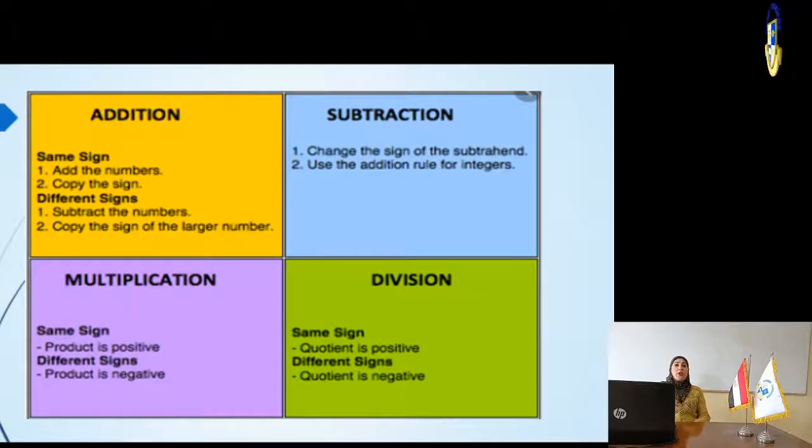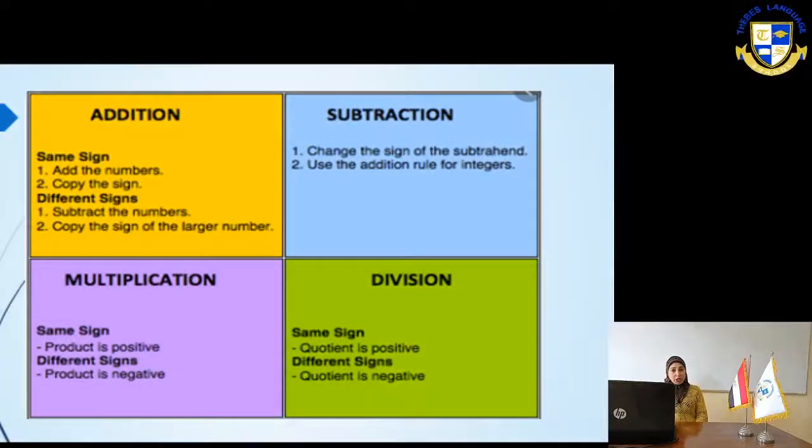Let's summarize all our properties. In addition, if I'm using the same sign, add the numbers and copy the sign. But if I have two different signs, subtract the numbers and copy the sign of the larger number. Subtraction: change the sign of subtraction and use addition, or take the difference between these two integers and take the sign of the greater one.